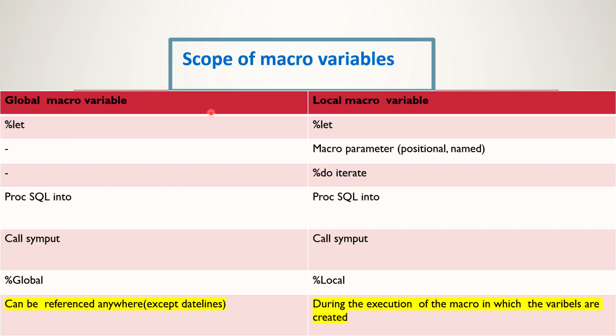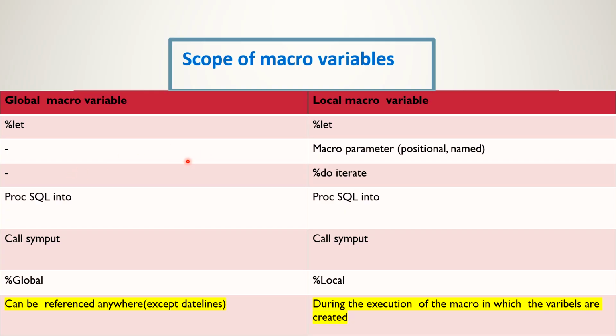What is the difference? If you create the macro variable inside a macro program, it is a local macro variable. If you create it outside the macro program, it is a global macro variable. By using %let we can create both global and local macro variables.